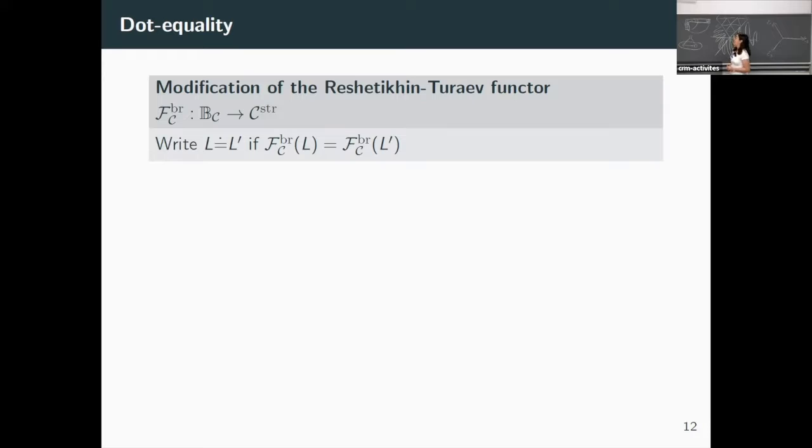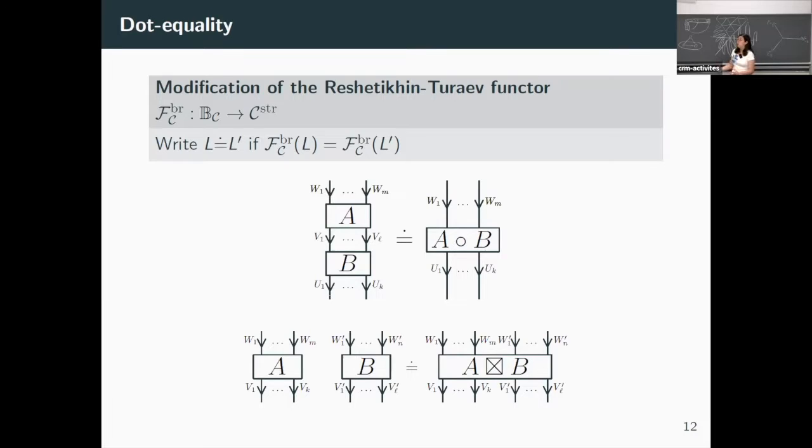And with this notation, one then has a more functorially adapted way of saying that two diagrams are equivalent. So we say that two diagrams L and L prime are dot equivalent precisely if they have the same image under this modification of the functor. And it's in this sense that one can do the conventional way of saying, okay, composition is just stacking two diagrams on top of each other, and taking tensor products is putting them next to each other.